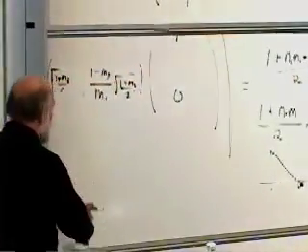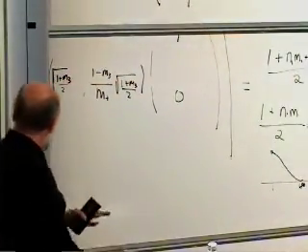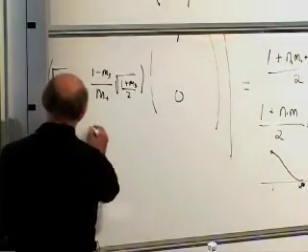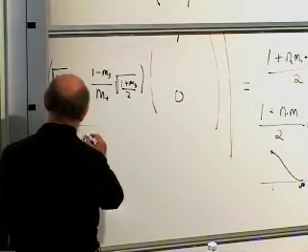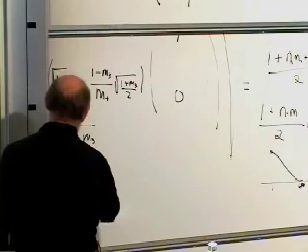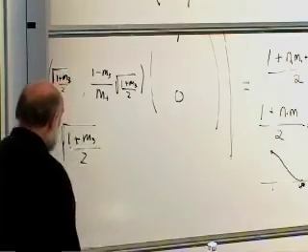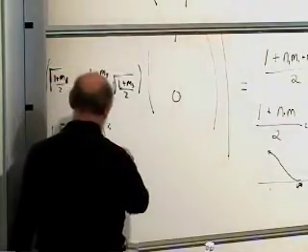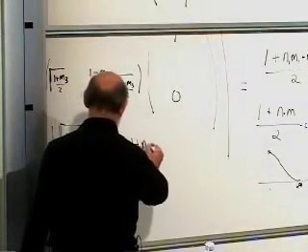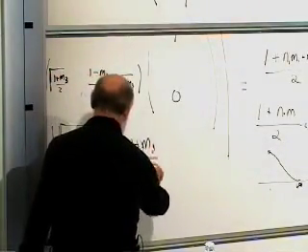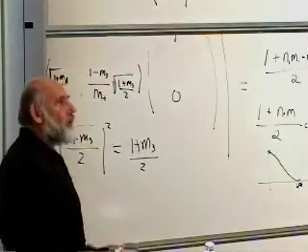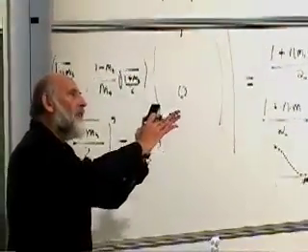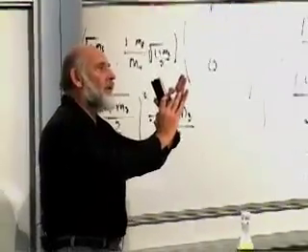So the probability amplitude, the thing that you square, is just the square root of (1 plus m3) over 2. We square it, and what do we get? We get (1 plus m3) over 2. But m3 is just the cosine of the angle of m with the third axis.